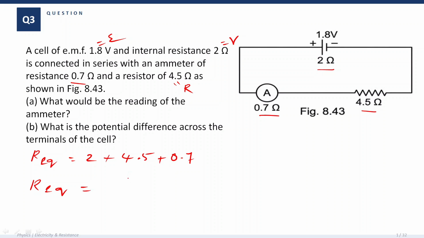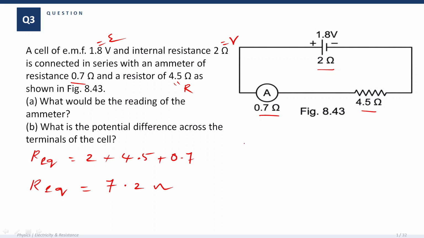That is 4.5 plus 2 plus 0.7. We will get 7.2 ohms. This is the total resistance in the circuit, 7.2 ohms. We need to find the reading of the ammeter.